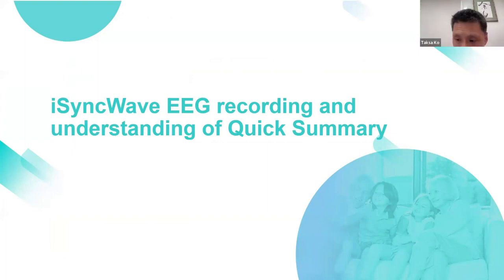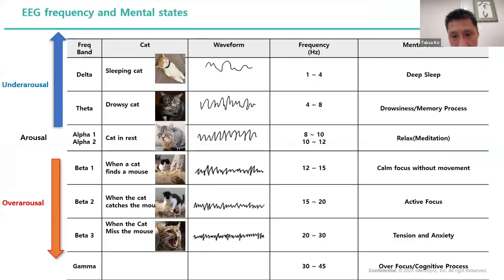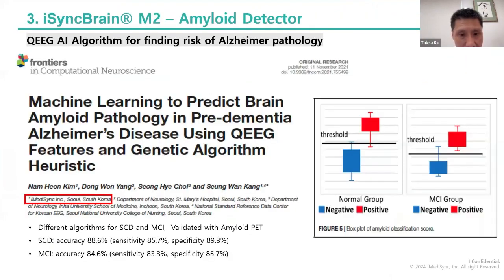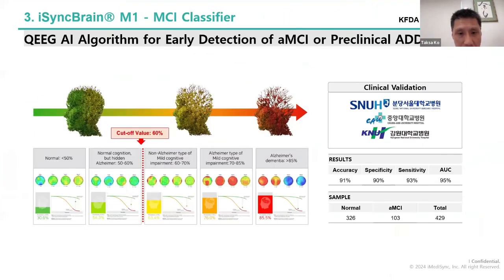Hi, Dave. I'm Taksako, and I've got a basic question. As you mentioned before, if the MCI probability score is above 60%, it's a marker of the MCI diagnosis.